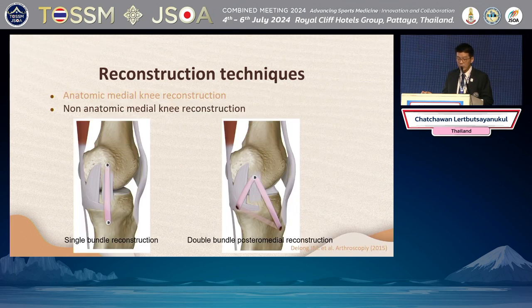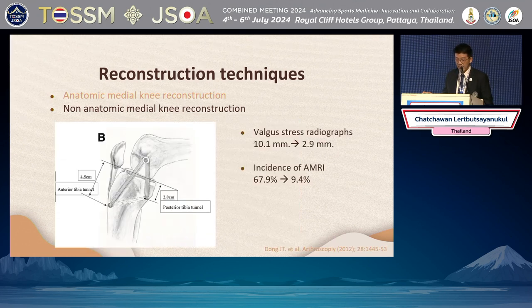The second group is the non-anatomic medial knee reconstruction, such as single bundle reconstruction on the left or triangular double bundle posteromedial reconstruction on the right, which also gave significantly improved valgus stability. This is the other technique for this group, but with this kind of reconstruction there is some remaining incidence of AMRI.